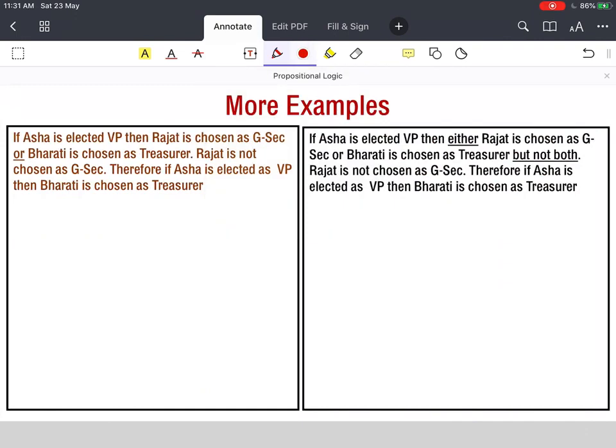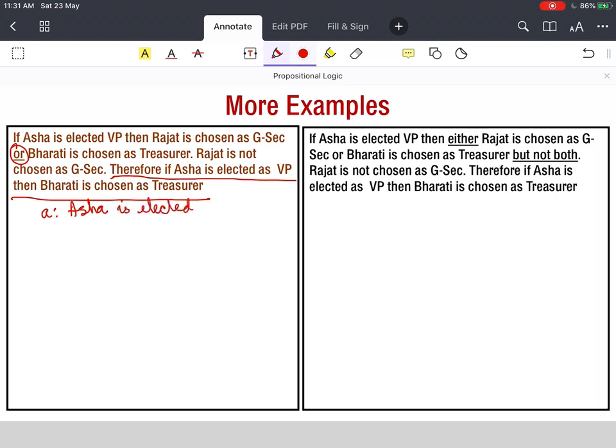We do two more examples, very similar examples. If Asha is elected VP, then Rajat is chosen as GSEC or Bharati is chosen as treasurer. Rajat is not chosen as GSEC, therefore Asha is elected VP. Therefore, this part again gets changed into a longer goal. So again we have our same variables.